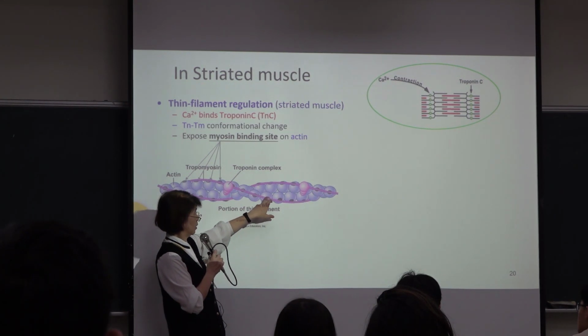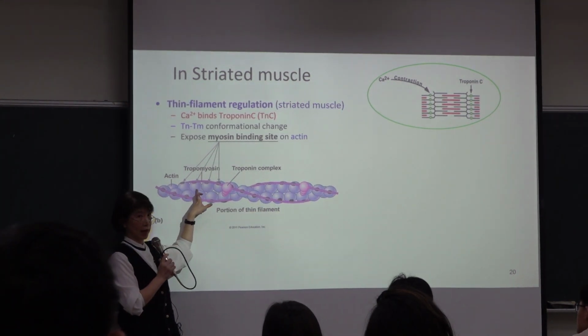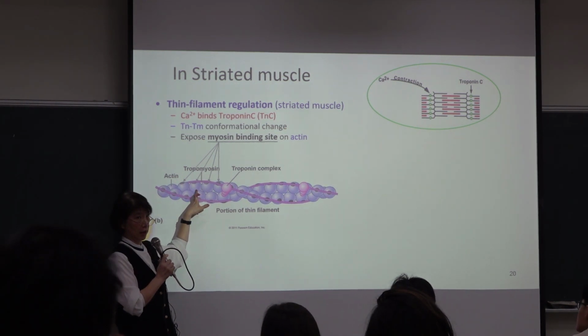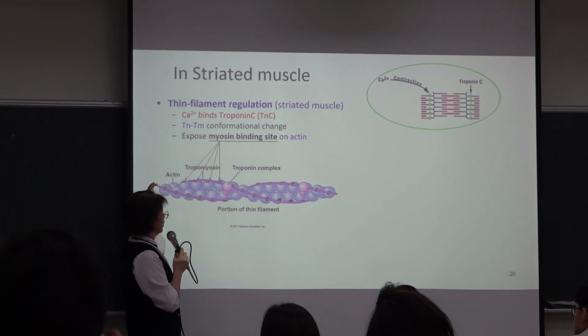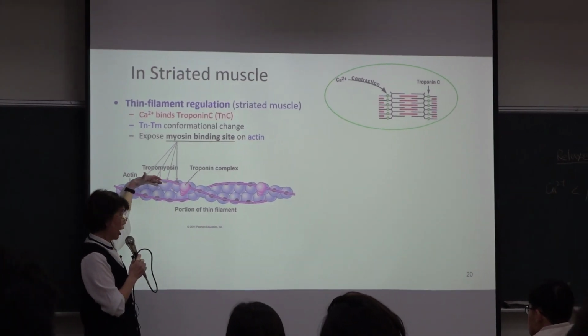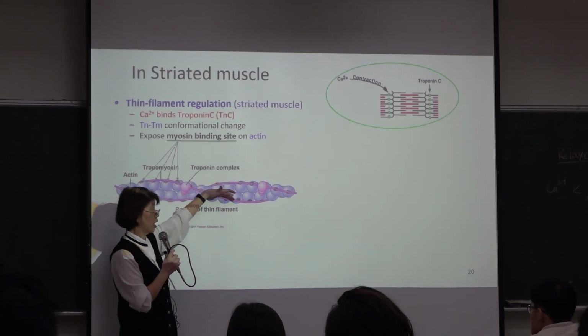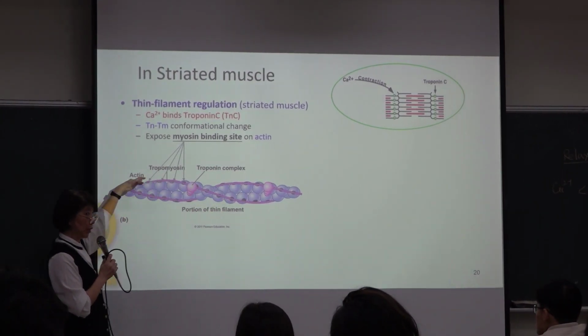Okay, this black dot refers to the myosin binding site. And normally tropomyosin sits on this site. It covers the myosin binding site on actin in the relaxed state.